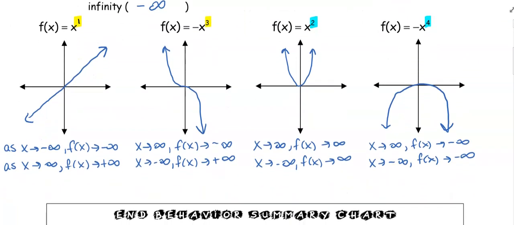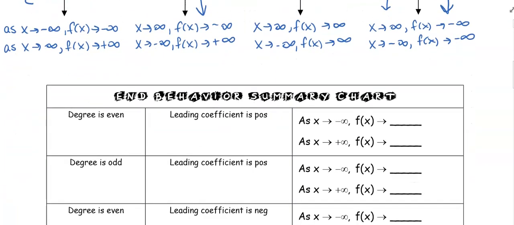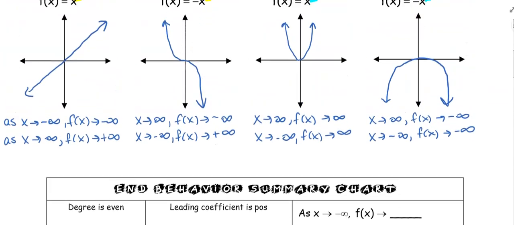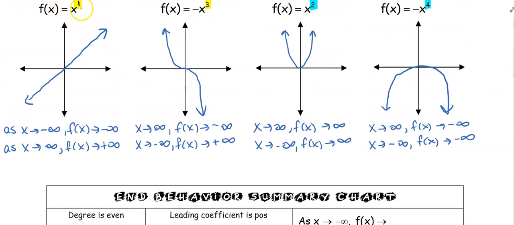And that's what the chart below is all about. So we started off with odd degree. If my leading coefficient is positive, when I look to the left, my arrow goes down. When I look to the right, it goes up.